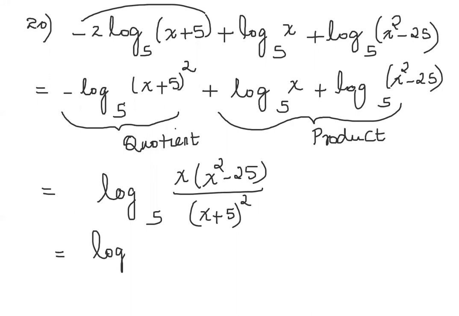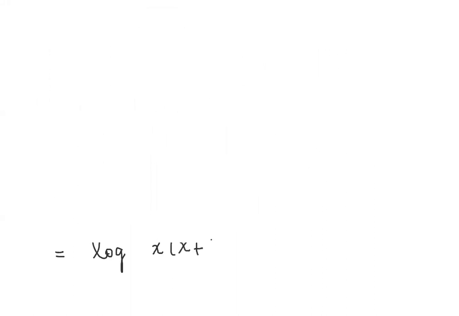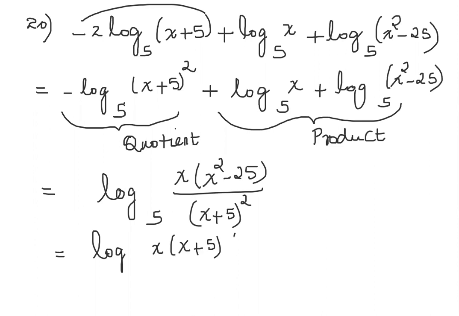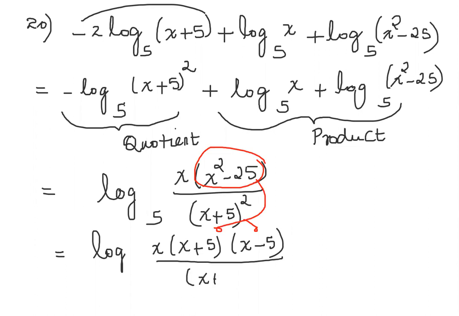Now we are going to factor the numerator and the denominator. So it's going to be x times, this is a difference of squares. So we can factor this x squared minus 25 to x plus 5 times x minus 5, over x plus 5 squared, which we can write as x plus 5 times x plus 5. So one of the x plus 5 gets cancelled and the base is 5 here.